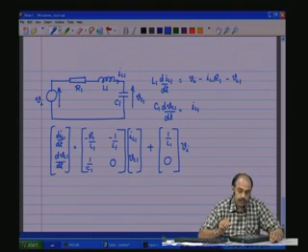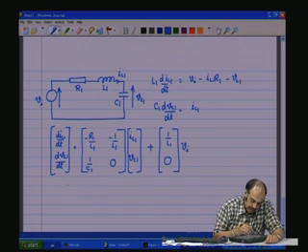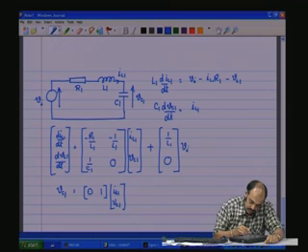Output equation, what is it that you would like to see? So, let us say we would like to see Vc1, then in that case you have 0, 1, times IL1, Vc1, plus 0 into Vi.